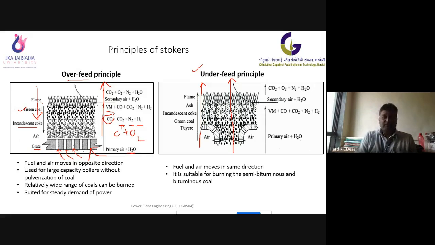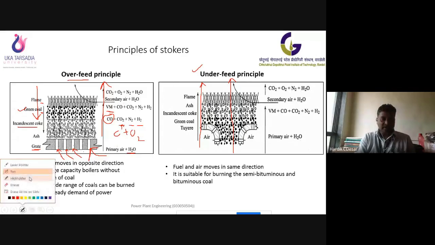These, along with carbon dioxide, carbon monoxide, nitrogen and hydrogen, move in the upward direction. Then we will have the secondary air. So this is called primary air and this is called secondary air.